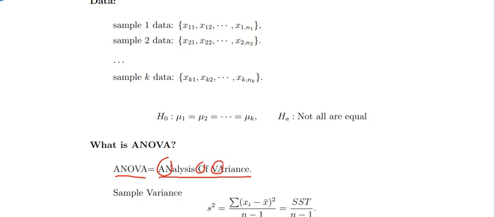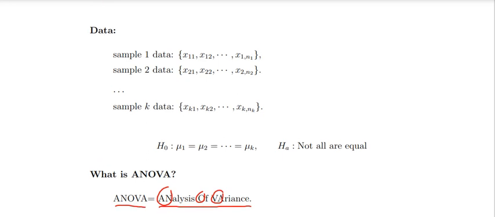Okay, so let's consider the general setting for many sample problems. Suppose we have k samples, or we can say we have k sets of data. From this sample, we have these numbers; from this sample, we have these numbers like this, right?